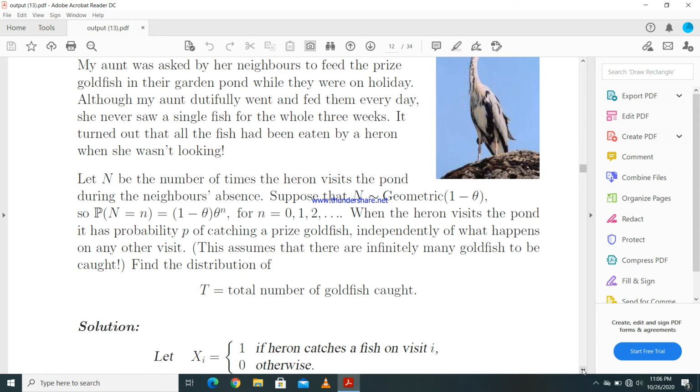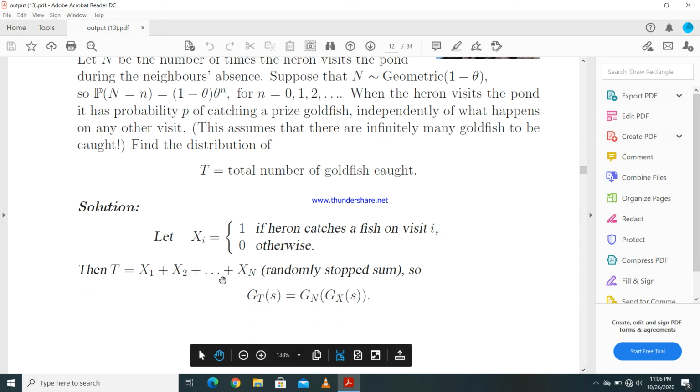So how are we going to solve this? We are going to take a random variable capital Xi, where Xi is equal to 1 if the heron catches a fish on visit i, otherwise it's 0. Since we are interested in the total number of fish caught, if you take x1, that is on the first day, if the heron catches a fish, x1 is equal to 1.